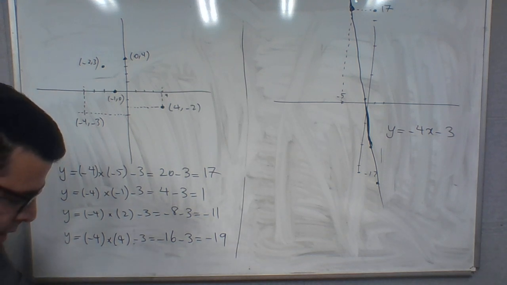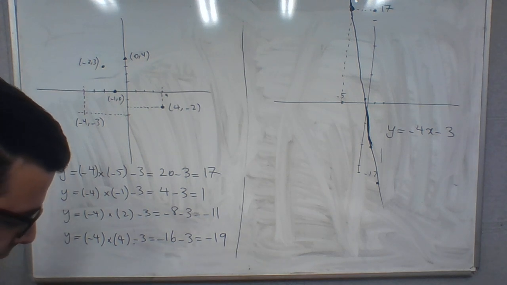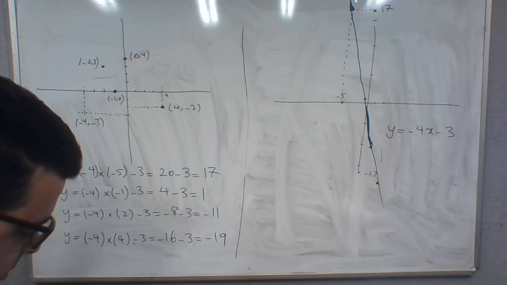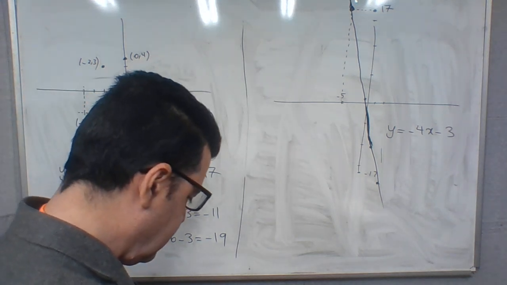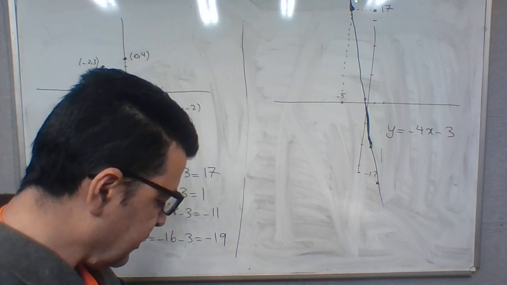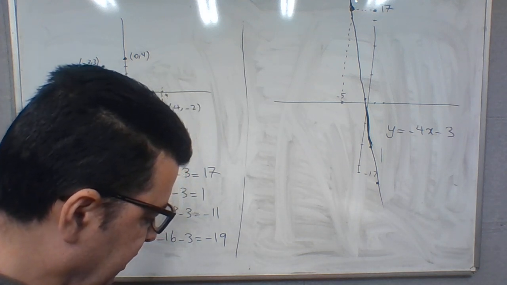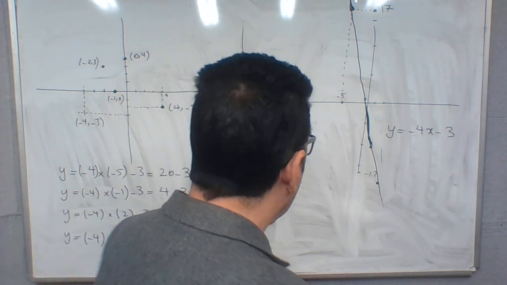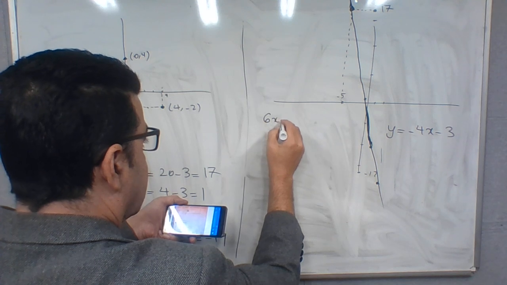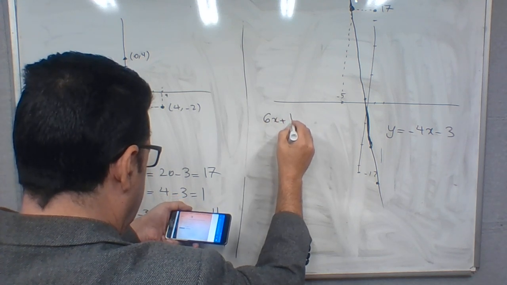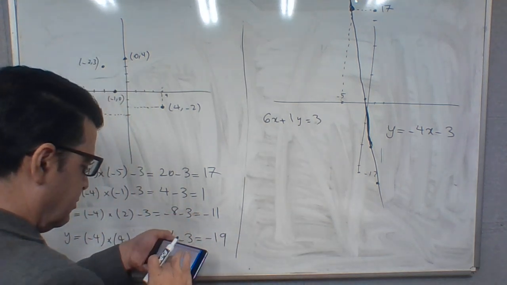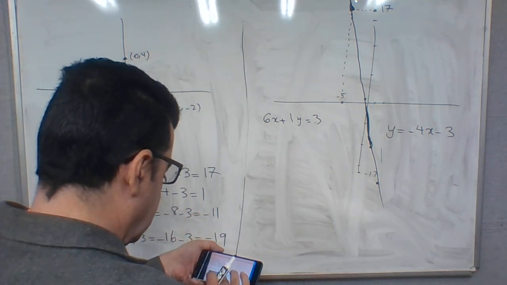Okay, now let's go to problem 98. Determine whether each ordered pair is a solution for the given linear equation. The linear equation is 6x plus 1y equals 3.